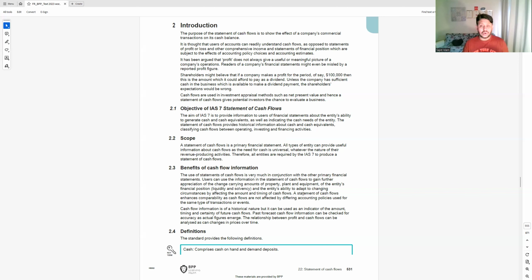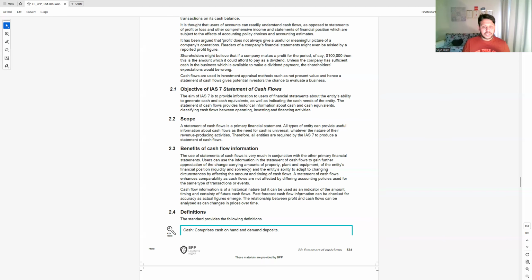The direct method is normally never tested in the exam. It is also the most commonly used method in the workplace, so if anyone asks you to prepare the cash flow statement, you can always prepare it using the indirect method. Even though there is not much difference, we recommend learning the format for the indirect method, because this is the one that will be tested in the exam.